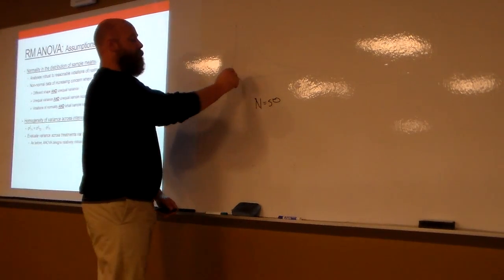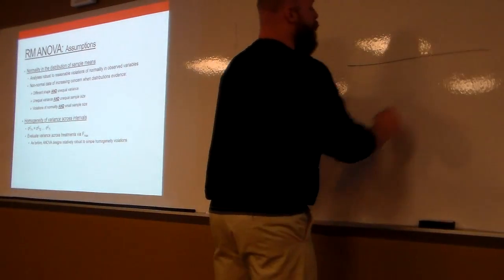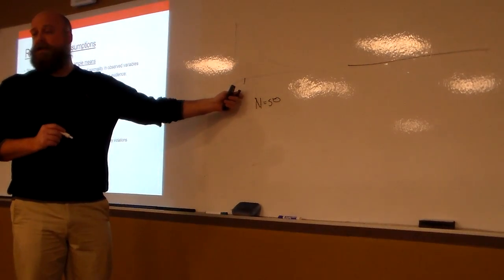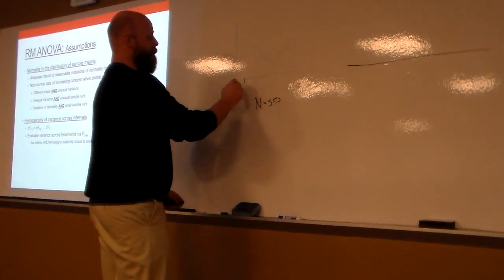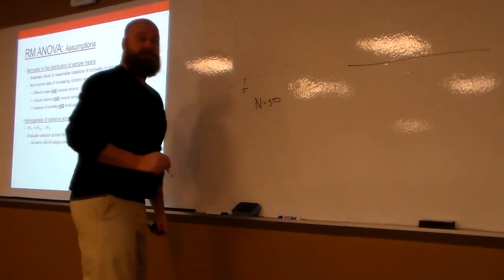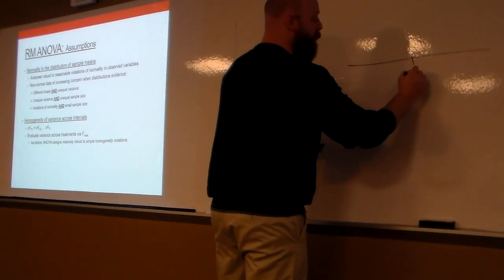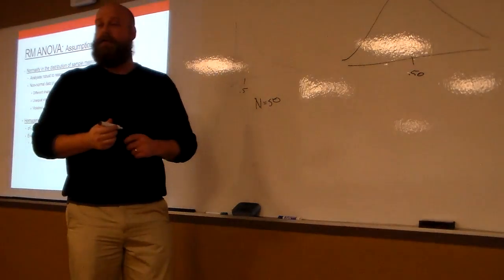I don't know, probably something here. And so if I repeatedly sample all possible samples of 50 from this population, let's say this is a score of 0.5, okay? On average, the mean of my sampling distribution is going to be 0.5, right?